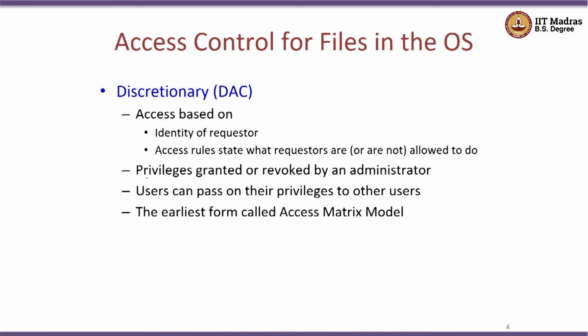This administrator, in Linux or Unix type environments, we call the root user, right? The root user is considerably more powerful, because the root user or the administrator far exceeds the privileges of a regular user.